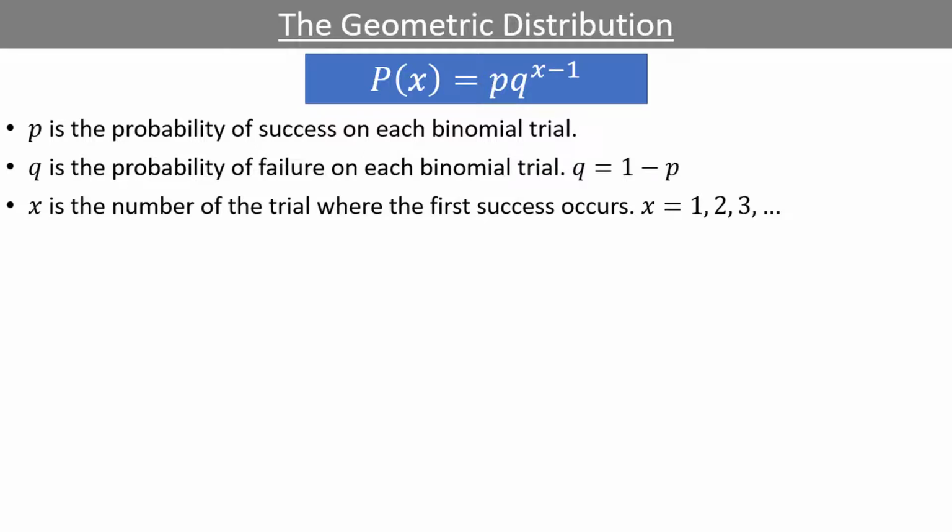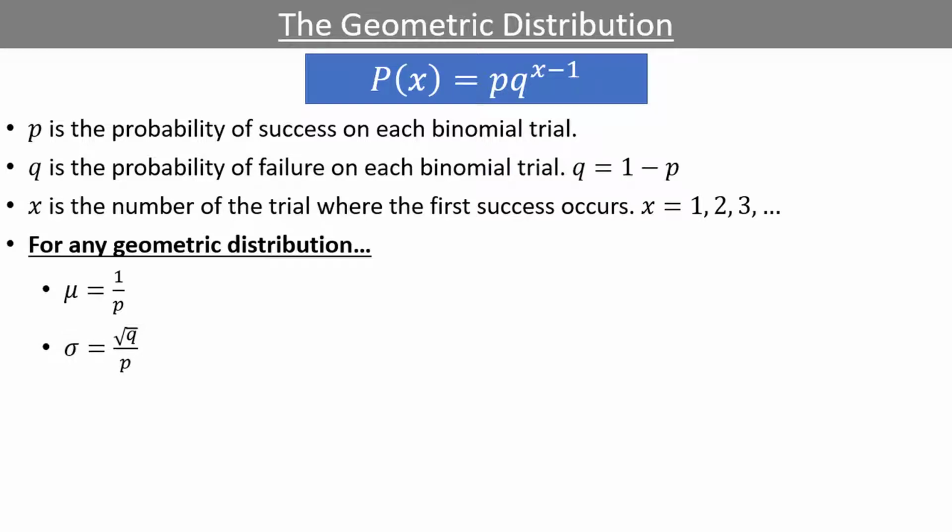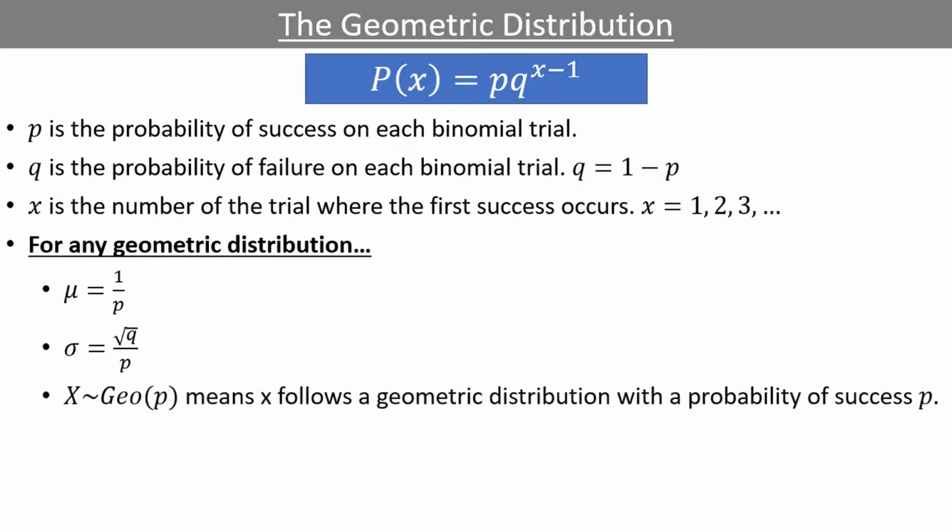It turns out that for any geometric probability distribution, the mean, or expected value, is 1 divided by p, and the standard deviation is the square root of q over p. To define a geometric distribution, all you need to know is p, and this notation means that x follows a geometric distribution with a probability of success p.